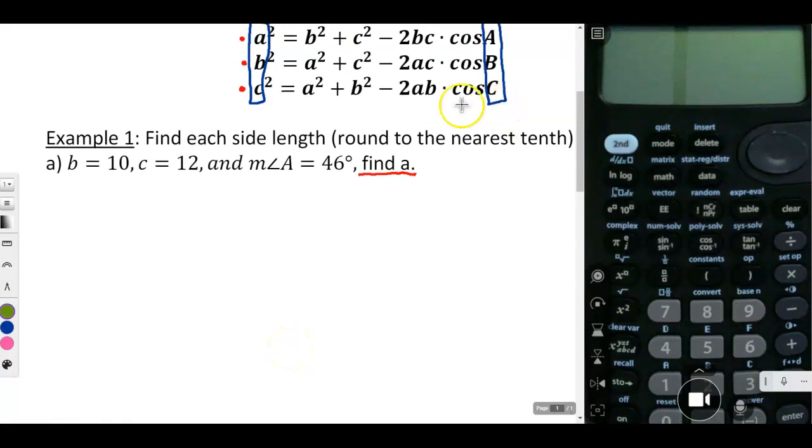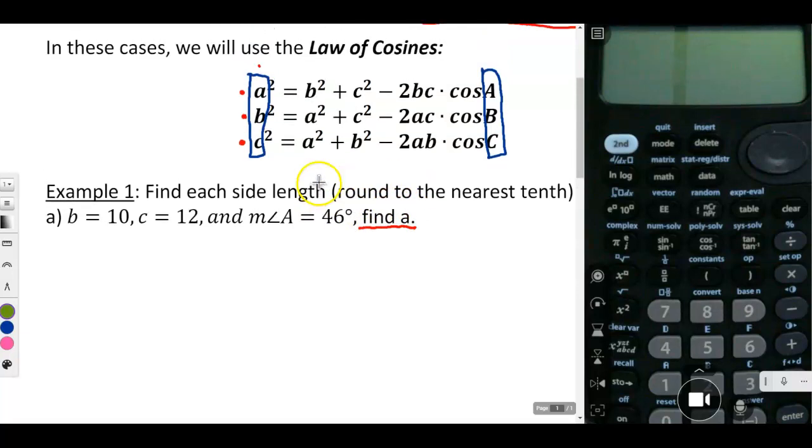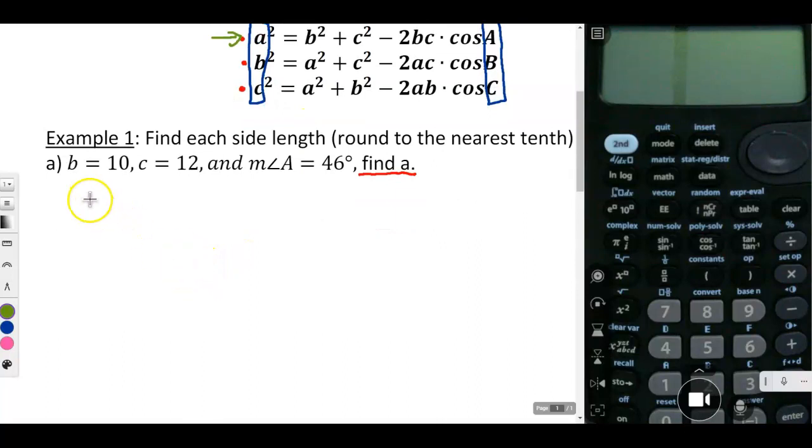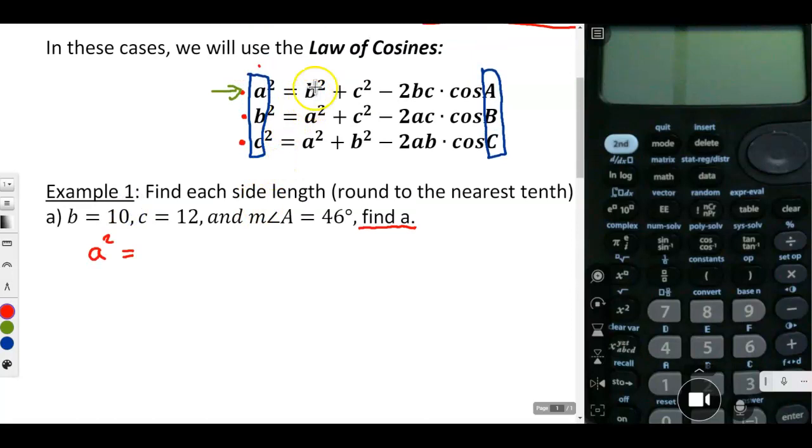It says round to the nearest tenth, so I want to find what A is, right? So that's a hint that I need to do the one that has A squared equals. All right, so I'll say A squared equals, and it's B and C. And in reality, B and C are interchangeable because we're just squaring them and then we're going to subtract them.